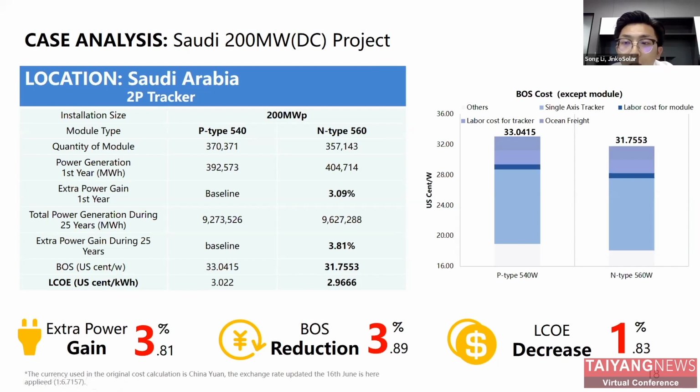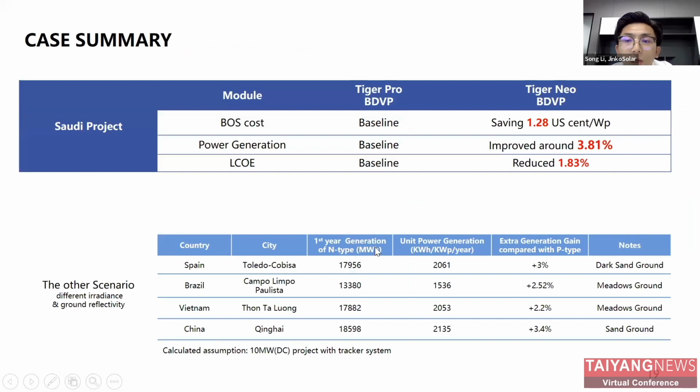Not only the BOS cost reduction at the beginning of the project, but also more generation in the future. To conclude, for the Saudi project, compared with the P-type modules, the N-type modules can save 1.28 US cents per watt in BOS cost and improve power generation by 3.81%. Totally it will lead to an LCOE reduction of 1.83%.